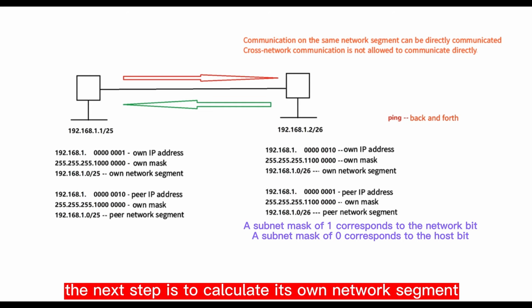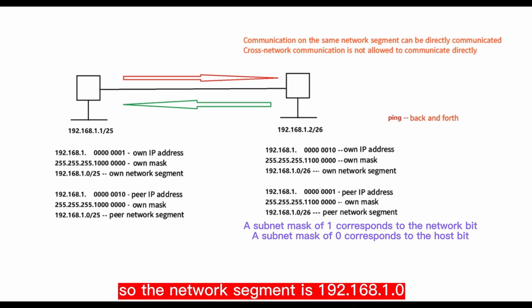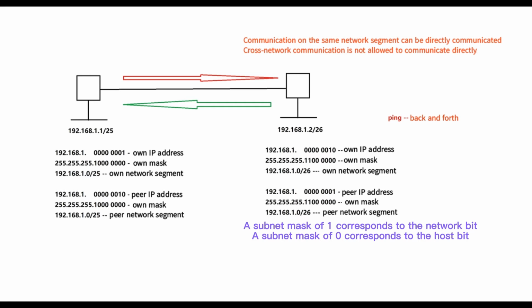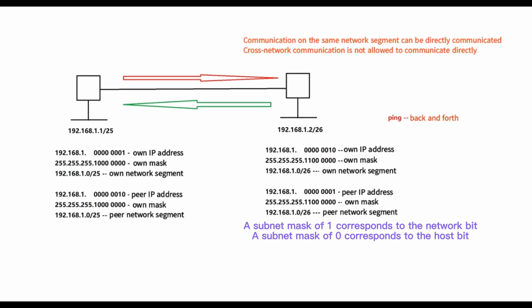Then the next step is to calculate its own network segment. In fact, for these two corresponding network segment bits, the determined value is 0. So the network segment is 192.168.1.0, with a 26-bit mask.